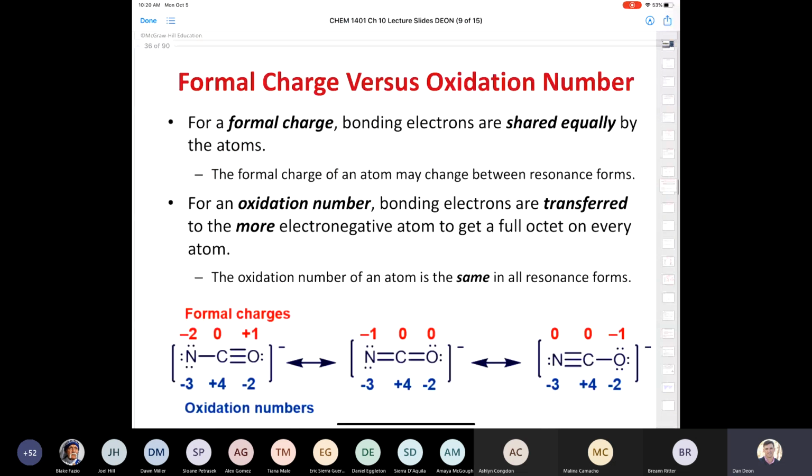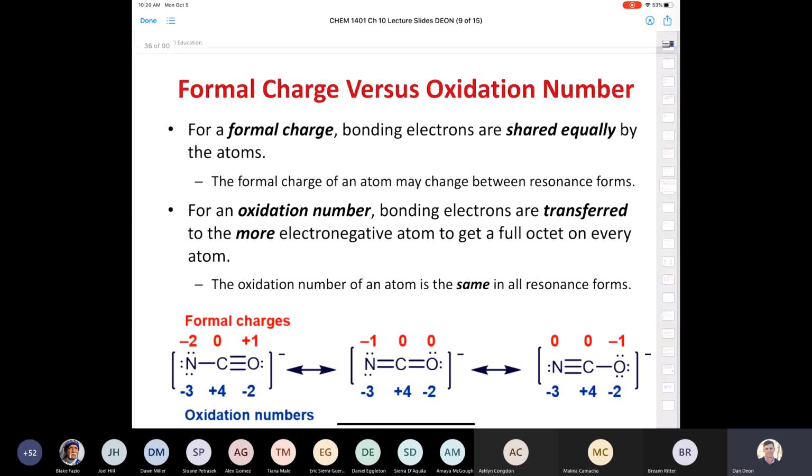Well, by this point, you might be asking, what's the difference between formal charge and oxidation number? Because we spent some time calculating oxidation numbers, and we spent some time calculating formal charges. Well, there's a big difference between the two, although both are simply methods of electron bookkeeping. If you were to shrink yourself down to the atomic level, you're not going to see the letter N. You're not going to see dots.